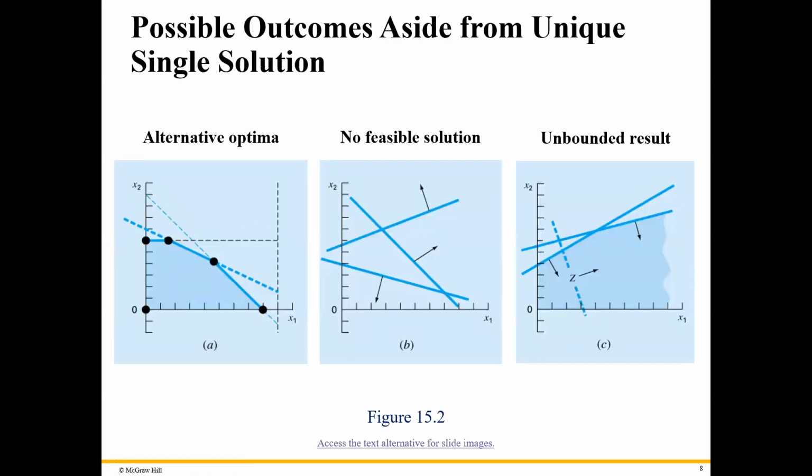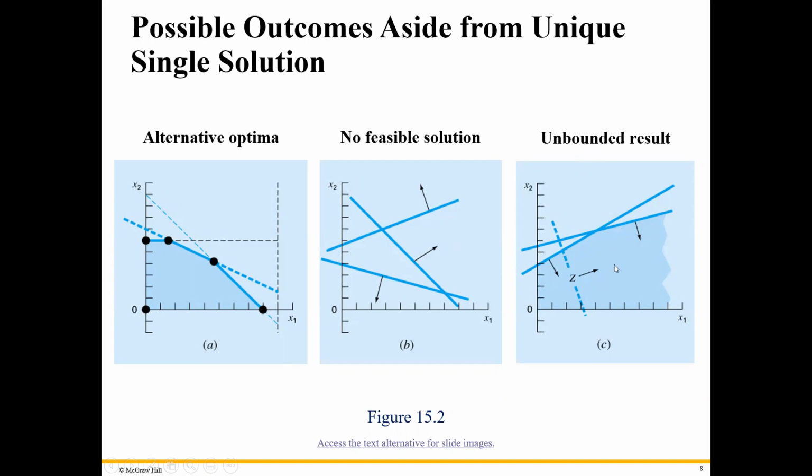So this is the example for the alternative optima. That means we can have the optimum value at more than one point. With no feasible solution, the constraints are such that there is no feasible area. So if there is no feasible area, then there is no feasible solution.